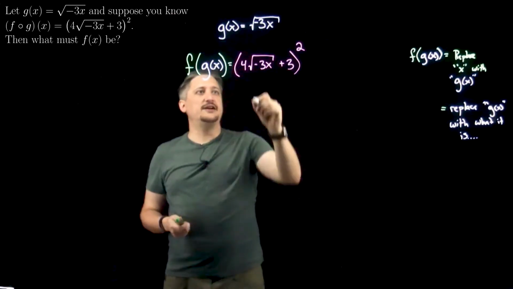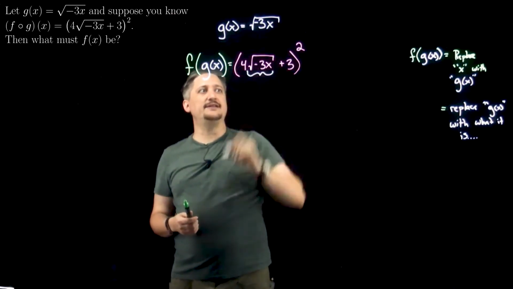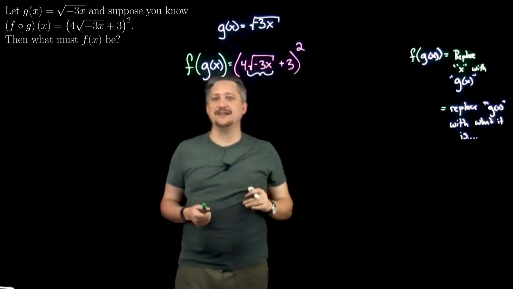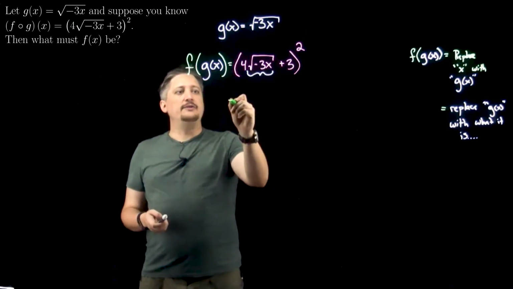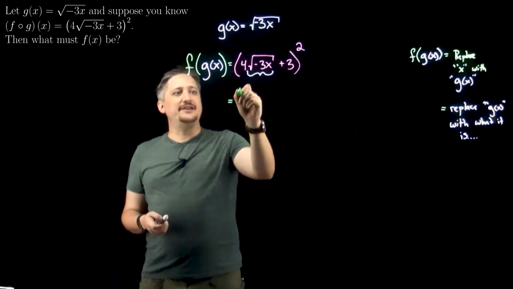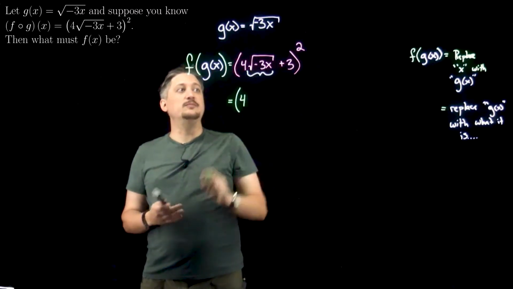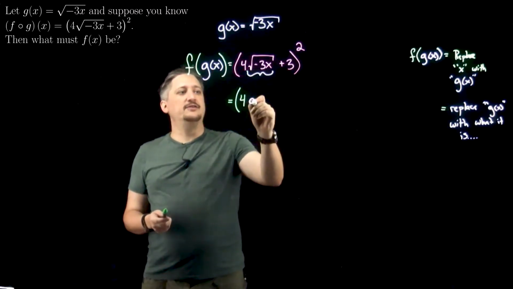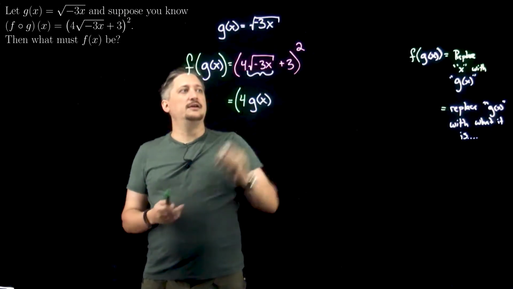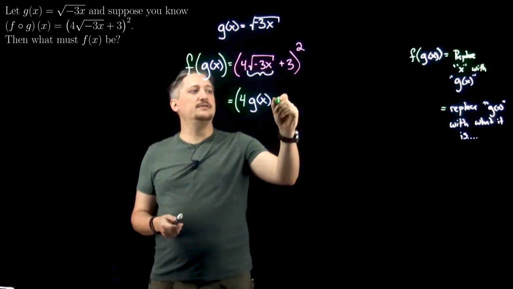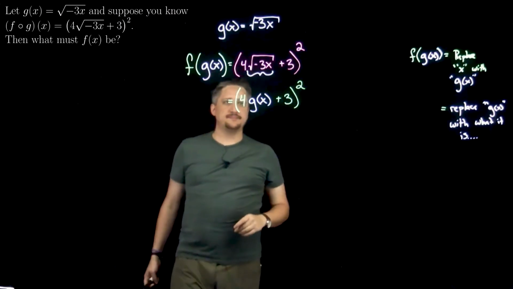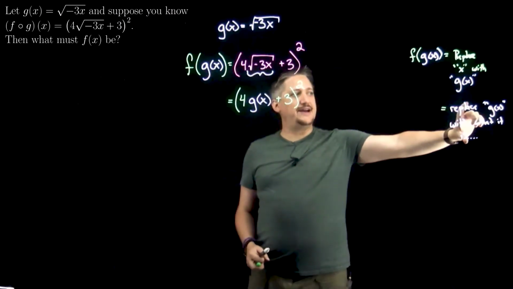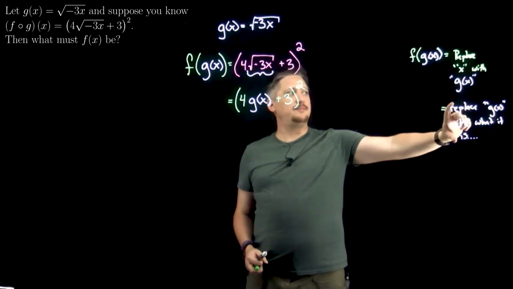Looking at this, I can immediately see that square root is the g of x. And the important bit is that everything else is, in some way, f of x. So I replace that thing with literally just g of x, but everything else is f. So that was that step. I was undoing that step.